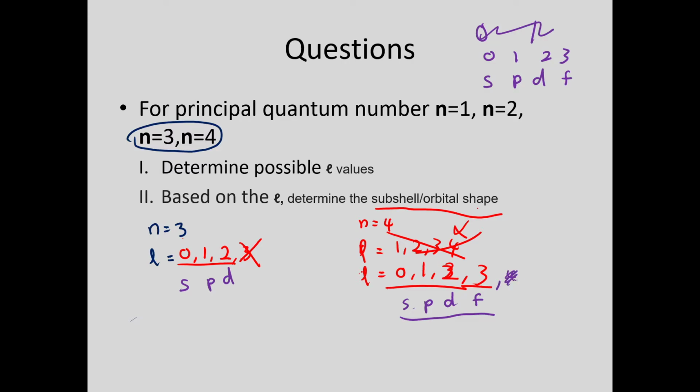So, for example, if n equal to 7, we have L as 0, 1, 2, 3, 4, 5, 6.